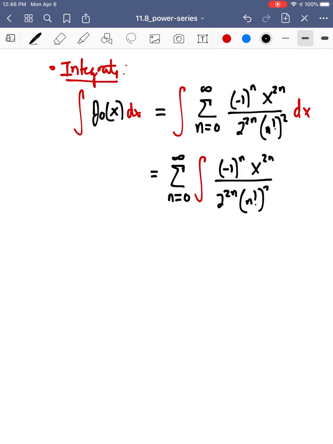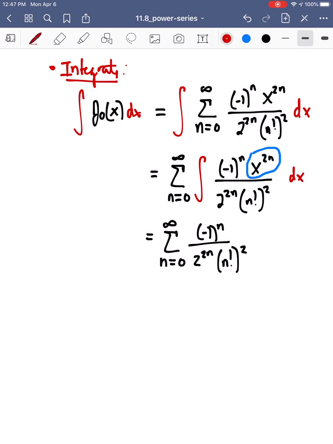And now we just get to look at, inside of this power series Bessel function representation, where is all the x dependence? And it hasn't changed from when we differentiated it. It's still just in that x^(2n) power. So that integral sign is going to bypass all of those scary looking terms. That (-1)^n, that 2^(2n), that (n factorial) squared. And the only thing that integral sign really cares about is that x^(2n) term.